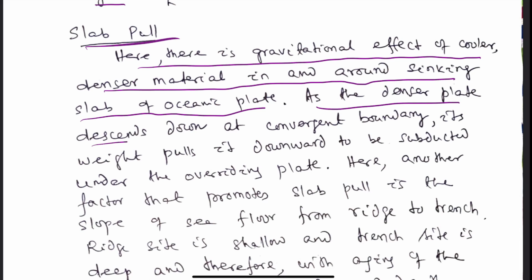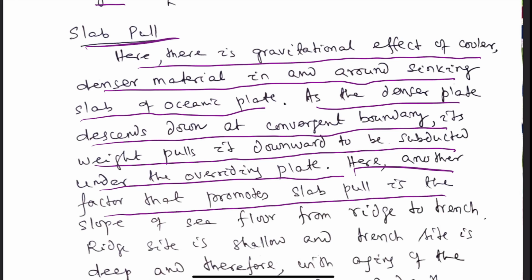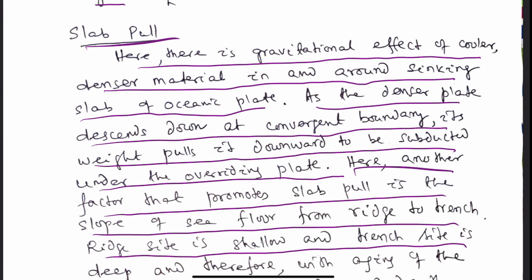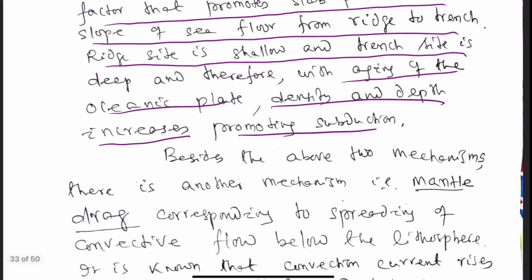As the denser plate descends down at a convergence boundary, its weight pulls it downward beneath the overriding plate. Another factor that promotes slab pull is the slope of the sea floor from the ridge to the trench. The ridge site is shallow and the trench site is deep, and therefore, with the aging of the ocean plate, the density and depth increase, promoting subduction.